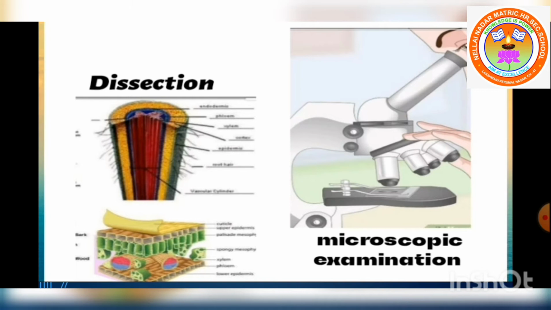So what is dissection? It is a process of separating plant parts into pieces.